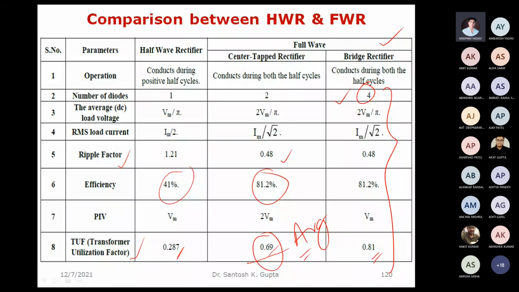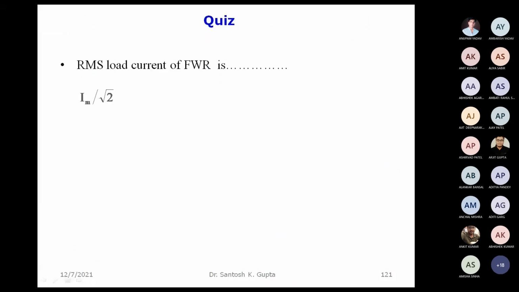Else, we have many advantages. By now you may be knowing about these. RMS load current is Im upon square root 2 for the full wave rectifier. These are the values for the full wave rectifier.